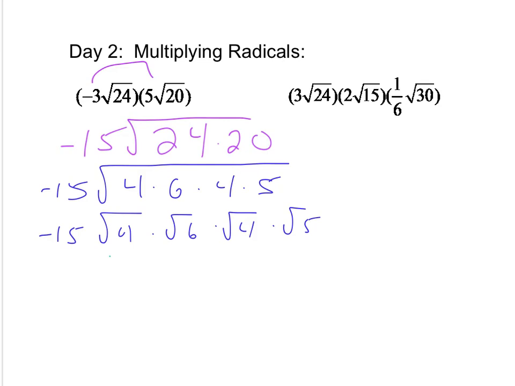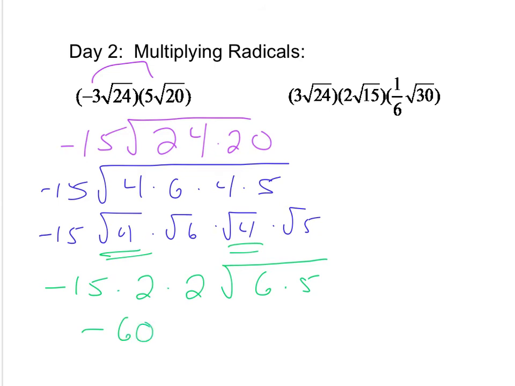Well, these root 4's both become 2. So I have negative 15 times 2 times 2. And now inside the radical still I have 6 times 5, the root 6 and the root 5. So this becomes negative 15 times 2 times 2, which is negative 60. Inside the root I have 6 times 5, which is 30.